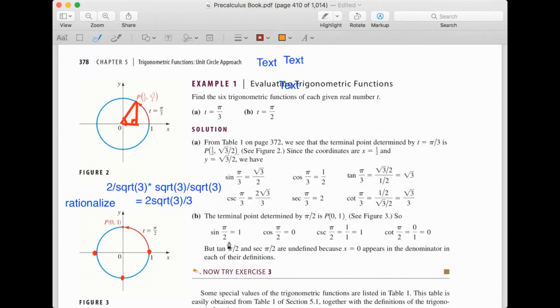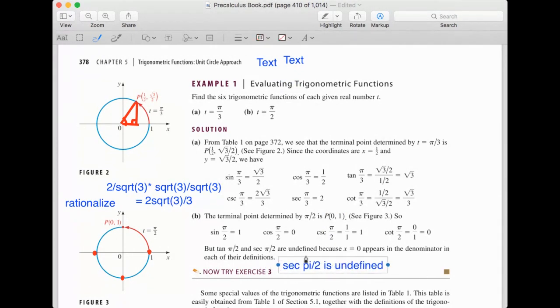So sine of pi over 2 is 1. Cosine of pi over 2 is 0. And then cosecant of pi over 2 equals 1 over sine, which is 1 over 1, so it's also 1. Secant of pi over 2 is undefined, because it would be 1 over 0, and we don't want to divide something by 0.